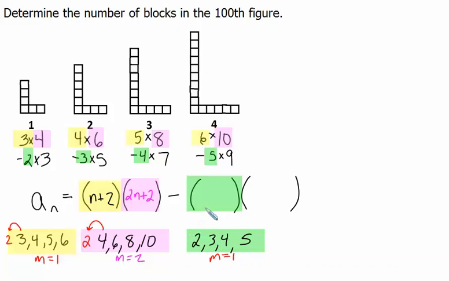So in the parentheses we're just going to put a 1n, which is just an n. And going back in time to the 0th term, we would have a 1 there. So it's going to be n plus 1. The other way of looking at that is to go from 1 to 2, 2 to 3, 3 to 4, 4 to 5. You're just simply adding 1 to the n.